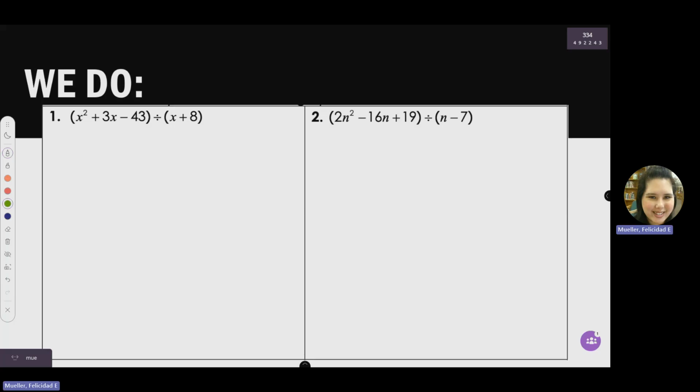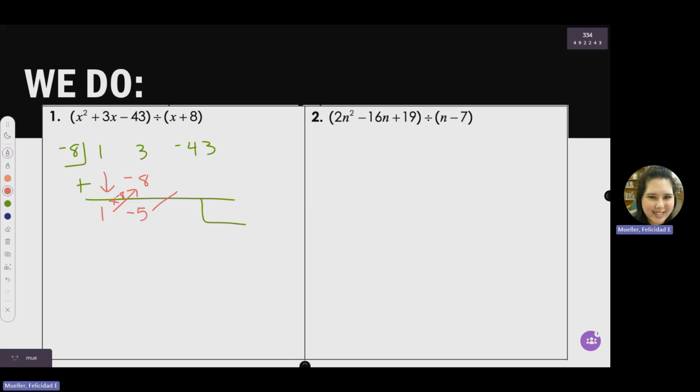So for 1, my known would be -8. My coefficients are 1, 3, -43. And we're going to add. So typically, this is how my setup looks. We're going to bring down the 1, multiply by -8, get -8. 3 plus -8, or 3 minus 8, is going to be -5.